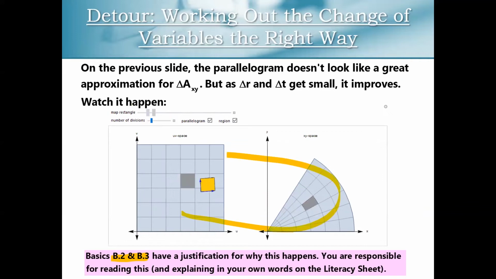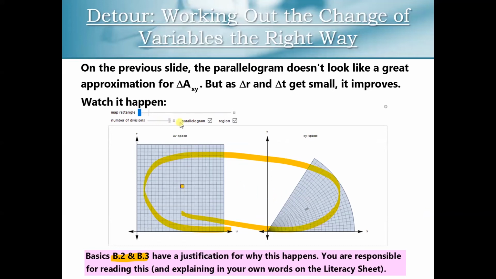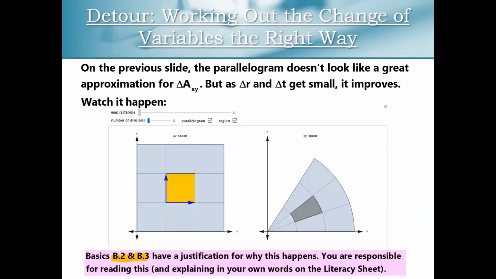But I have the same idea here, just described as an animated GIF. You can see that as delta R and delta T get small, the difference between the parallelogram, the linearization, and the XY sector, that error shrinks to zero, which means that we're going to be able to do this with parallelograms rather than that original area.